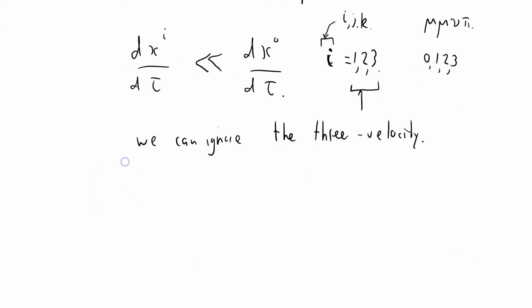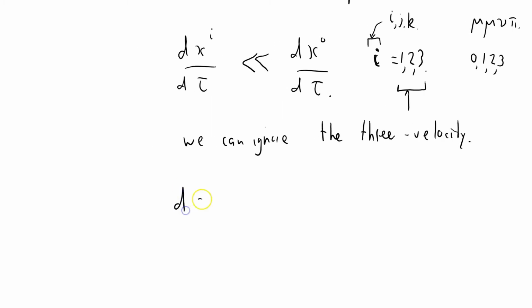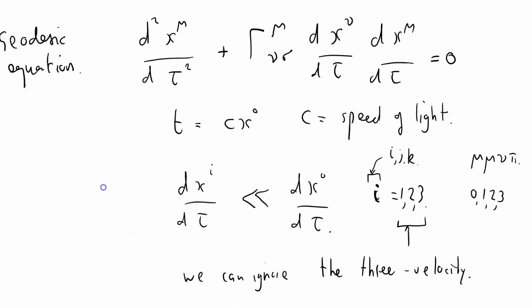And what are we left with? Well, let's have a look. We've got d²x^μ/dτ² plus, now if we look at the summation here, I'm only going to consider the terms that are important.